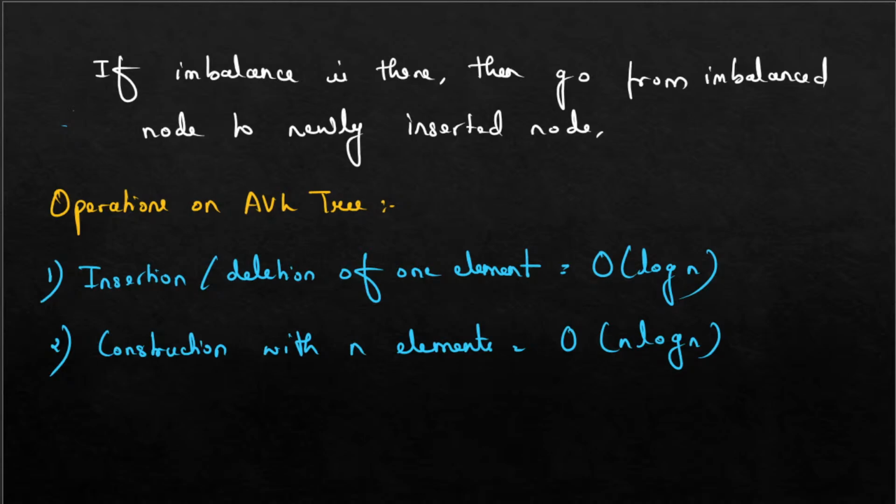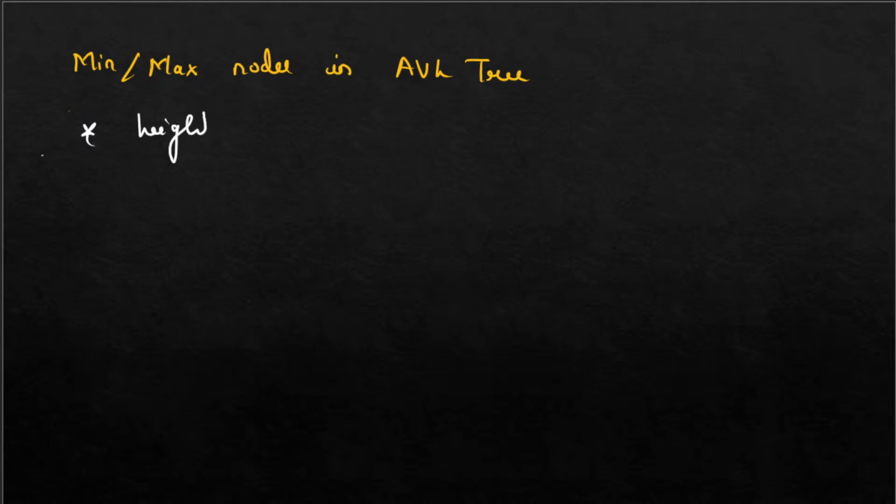Okay. Now let's discuss the min and max nodes in AVL tree. The topic is min, max nodes in AVL tree. So height will be given, h.